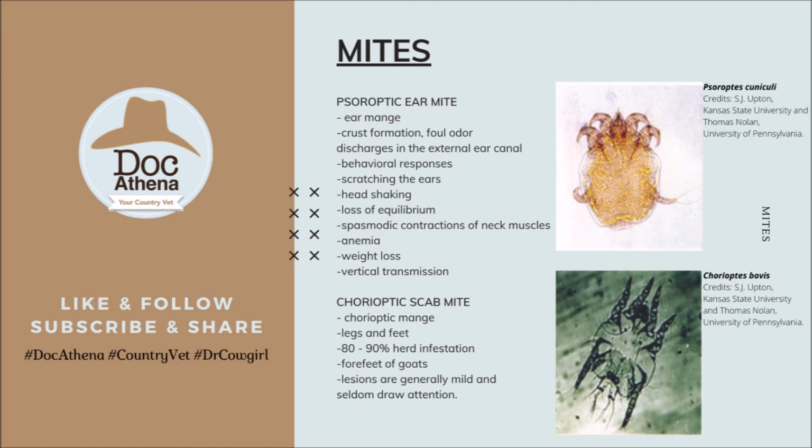These mites or parasites could be transferred vertically, meaning from the mother to the kid or to the young. Let's look at the photo on the right side. Psoroptes, just like Sarcoptes, also has a globular shape, however less regular as compared to Sarcoptes, and all of its legs exceed the diameter of its body.